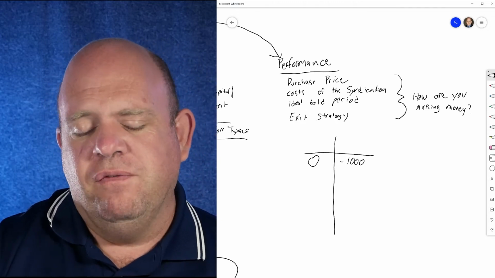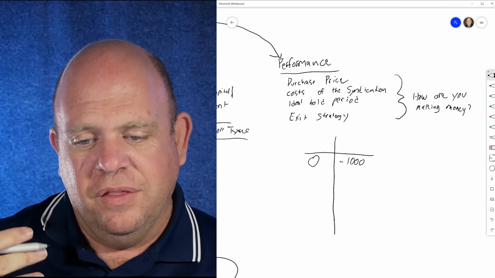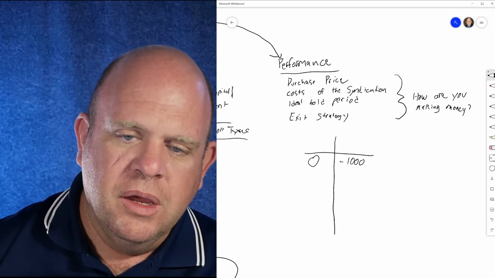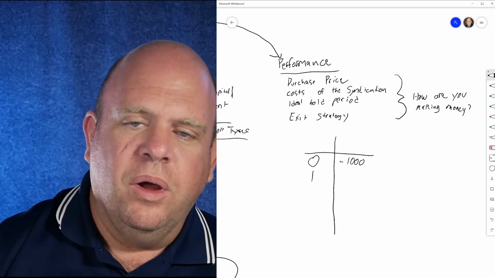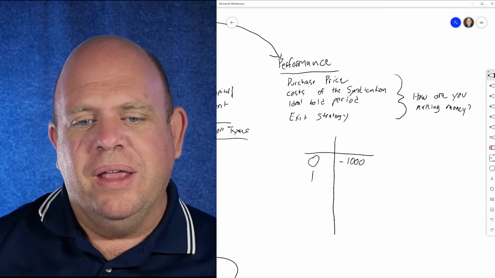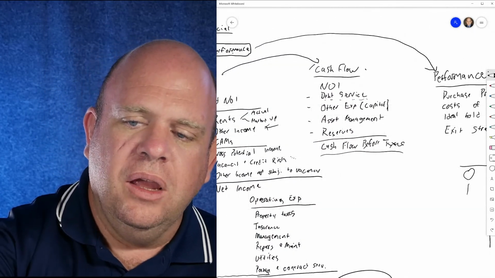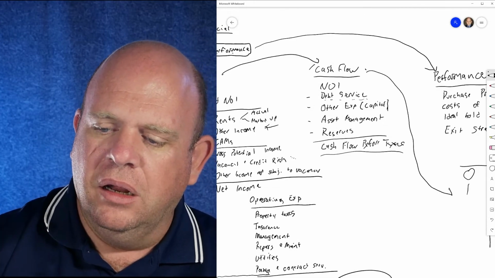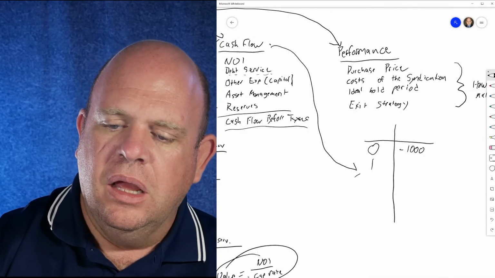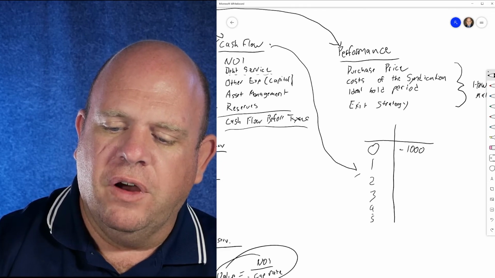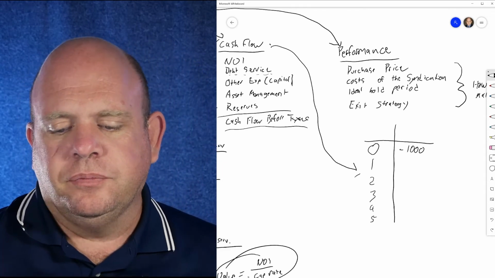So this is from the investor's eyes, that's why it's a minus, because he gave us $1,000. Now, in year one, what's happened? We've gotten those rents. We've got this cash flow here that is coming in and paying in 1, 2, 3, 4, 5.